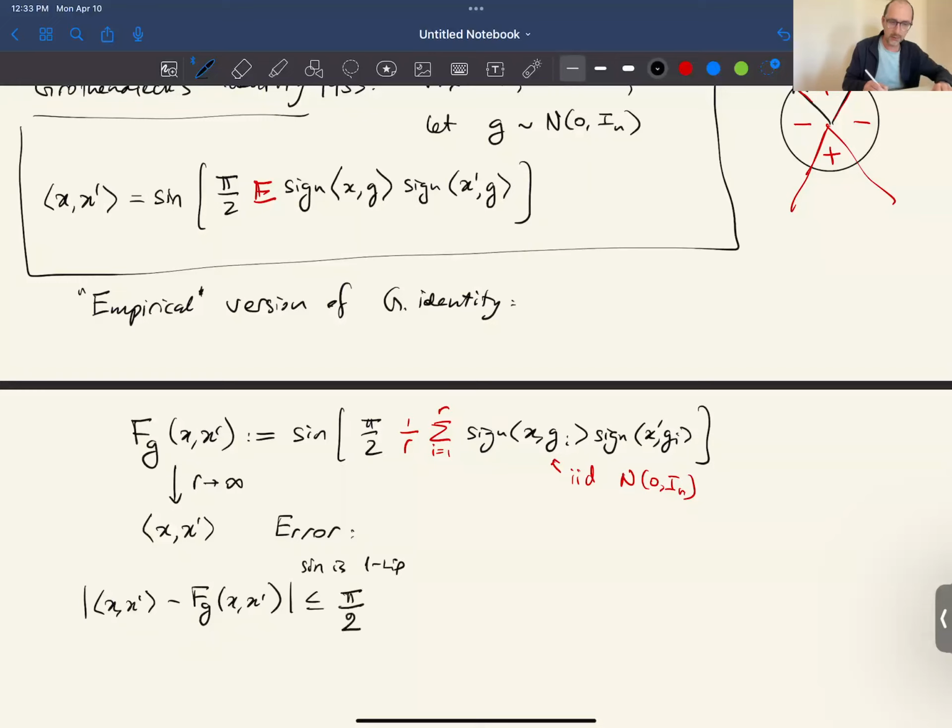So it's pi over 2 times, and then I can bring 1 over r and the expected value inside.